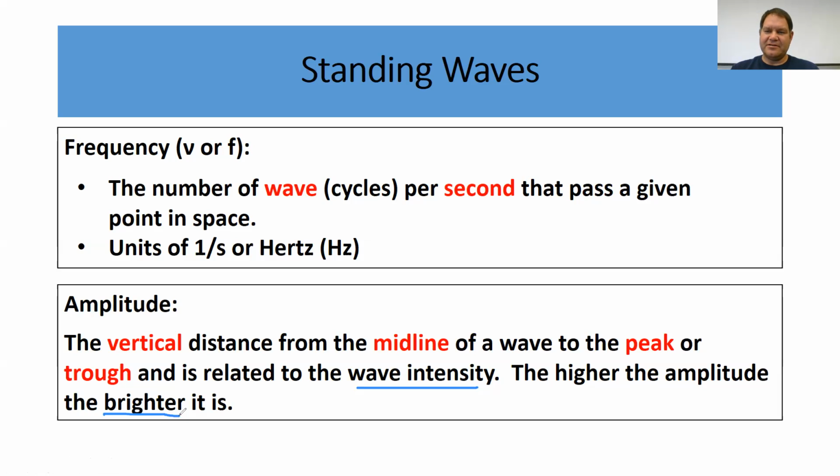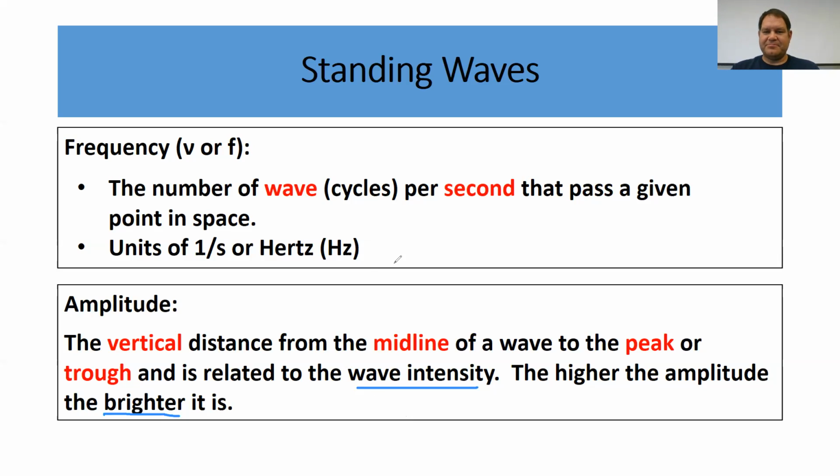What you have to know is that the higher the amplitude, the brighter the light will appear, or the more intense it is. If you've ever had a really bright light, maybe from the headlights of a car, shining in your eyes, it's not only really bright, but really intense too. So intensity and brightness are related through the amplitude, the height of the wave. Again, the higher the amplitude, the more intense or brighter it is, okay?